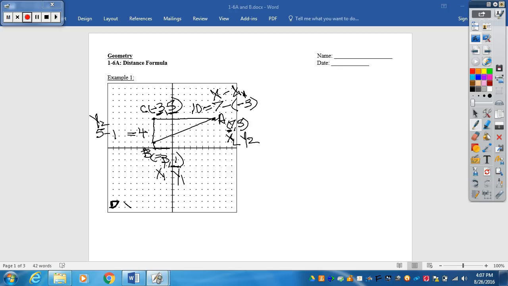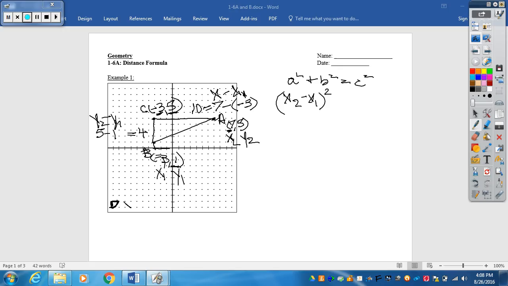And the 1 is actually y sub 1, so minus y sub 1, okay? So again, our Pythagorean theorem, which was this, well, I can plug in those leg lengths: x sub 2 minus x sub 1 squared.